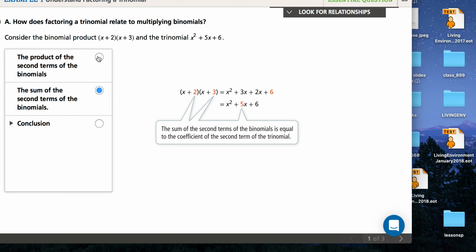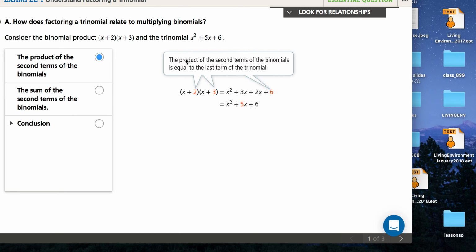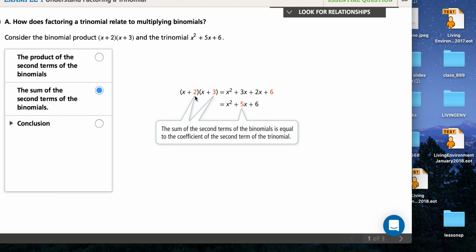Two important things. Again, let me go back. The product of the second terms of the binomials is equal to the last term of the trinomial. So 2 times 3 is equal to 6. And the sum of the terms, 2 plus 3, is equal to 5. So it gives us b.